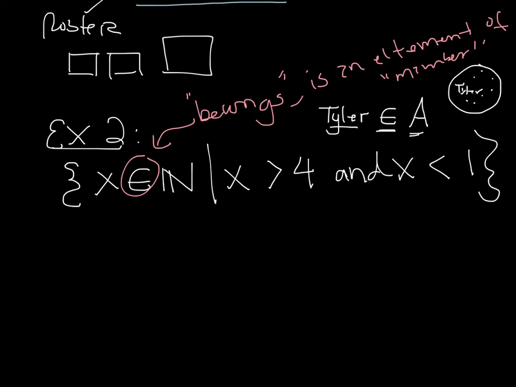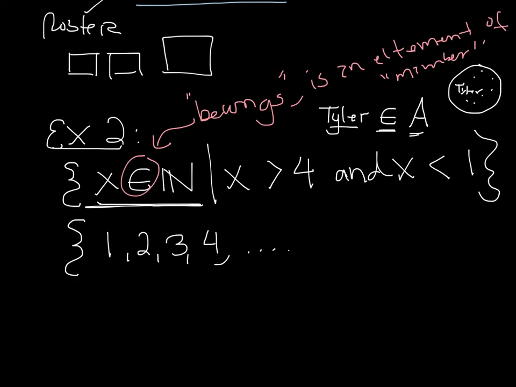x is a natural number. This is set builder notation. First, this is the general statement: x is a natural number. So I'm going to start with 1, 2, 3, 4, and you can keep going.